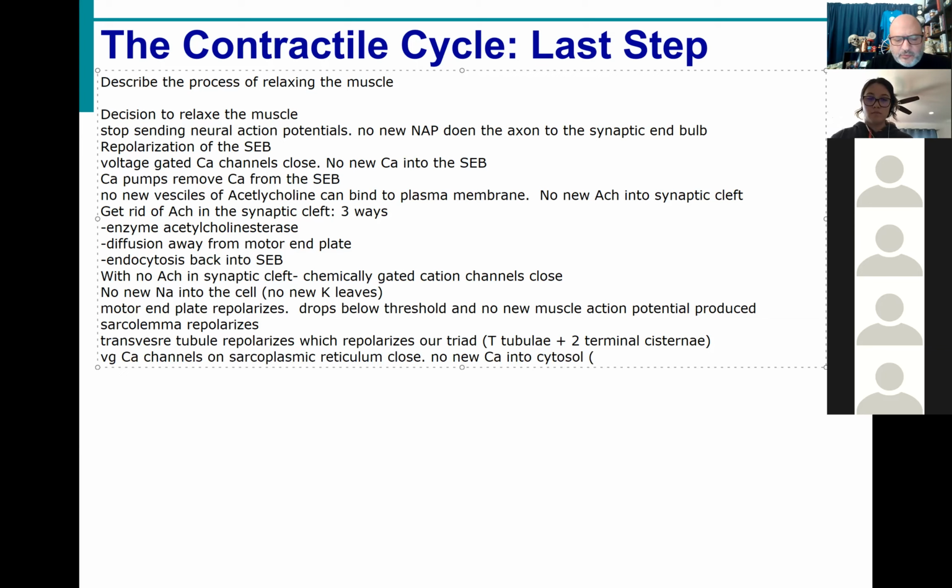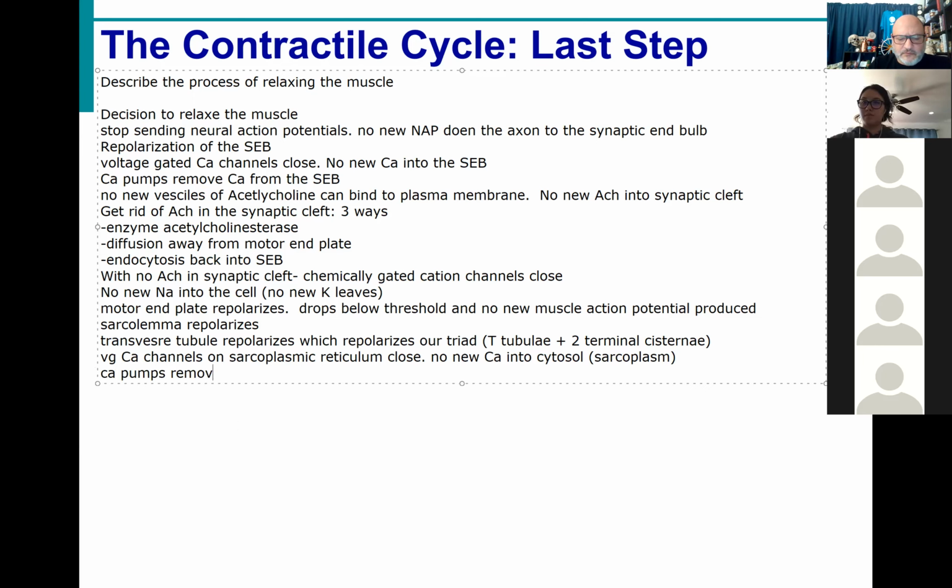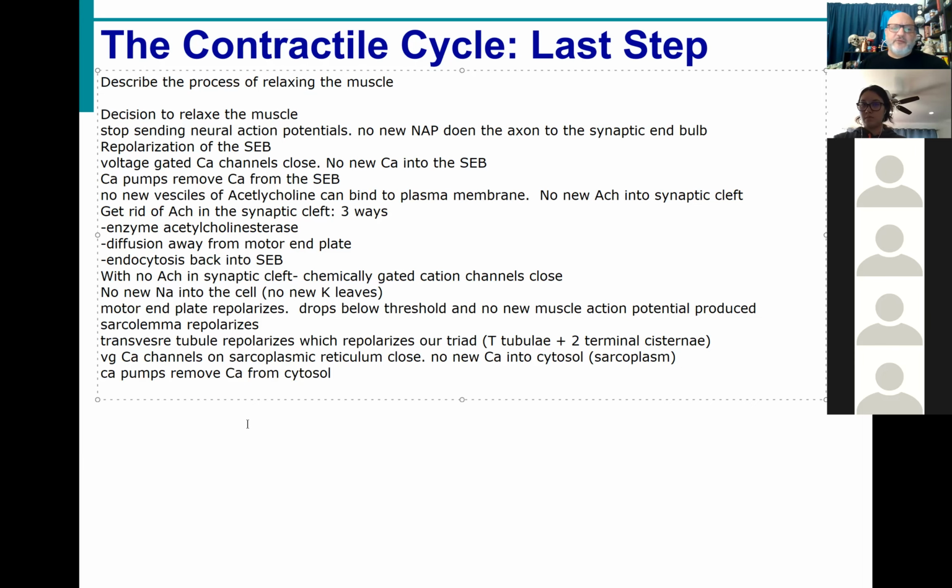Or again, cytoplasm or sarcoplasm, whichever term you like. However, don't we still have calcium in the cytosol? Yes, and that's what we have the calcium pumps for. Excellent. Calcium pumps remove the calcium from the cytosol. With no calcium, what happens? There's no calcium to bind to the troponin. So the troponin returns to its original shape.